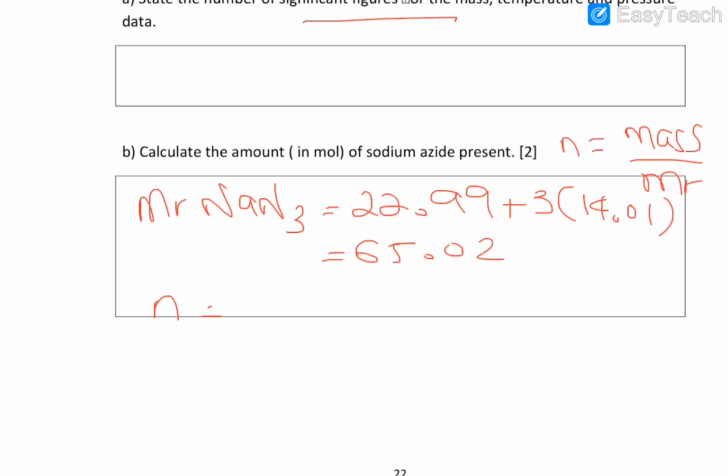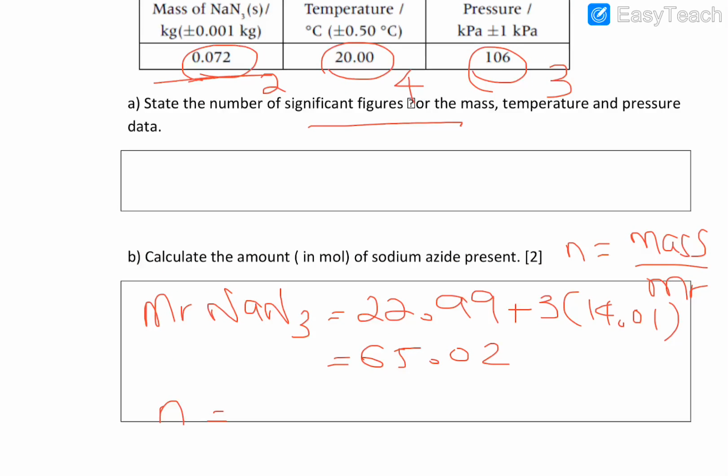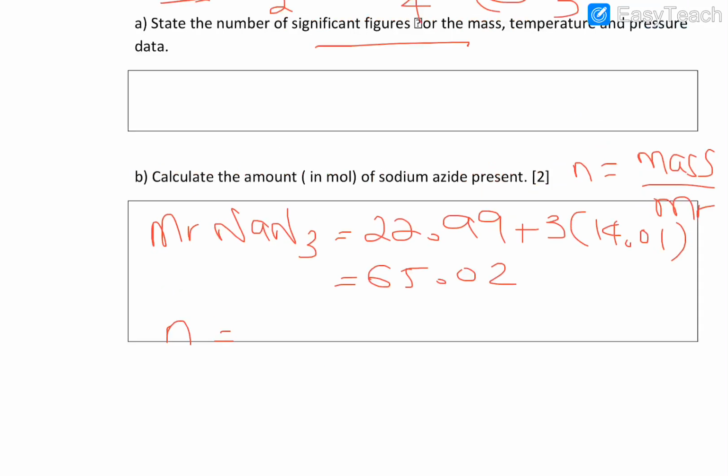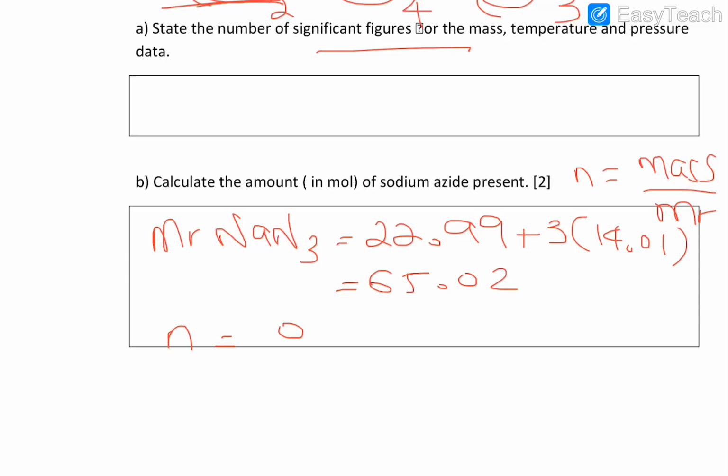So number of moles would be the mass. This is in kilograms, so you'll have to convert it to grams.